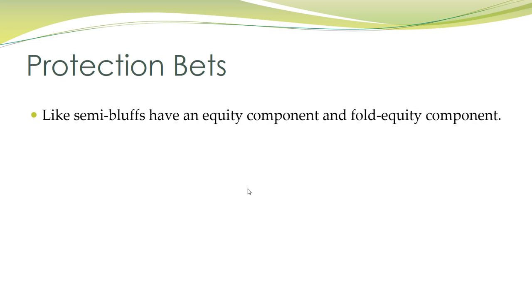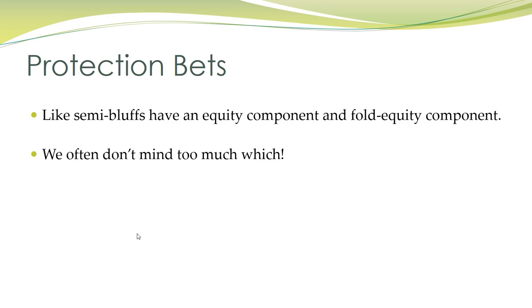Now, in some senses, the most similar type of bet to a protection bet is the semi-bluff. The reason is that semi-bluffs have two components. They have an equity component and they have a fold equity component. The same thing is true with protection bets.